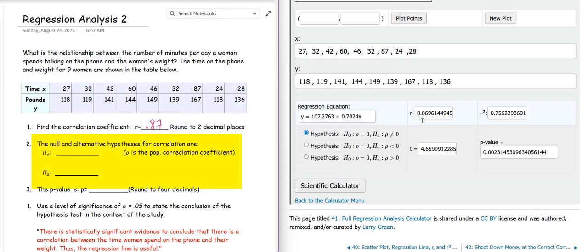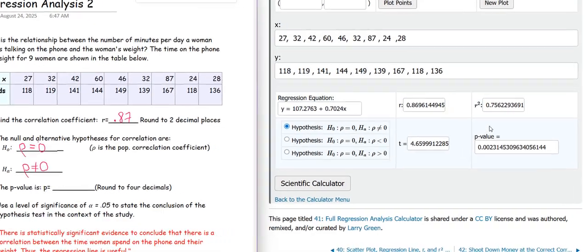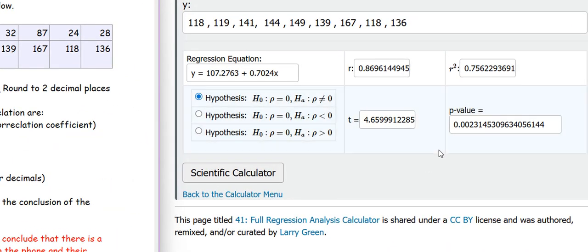The null and alternative hypotheses are: there is either no correlation, that's rho equals 0, where rho is the population correlation coefficient, or there is one, in which case rho is not equal to 0. And that's the alternative hypothesis. When we compute our p-value, let me come back over here to the calculator.